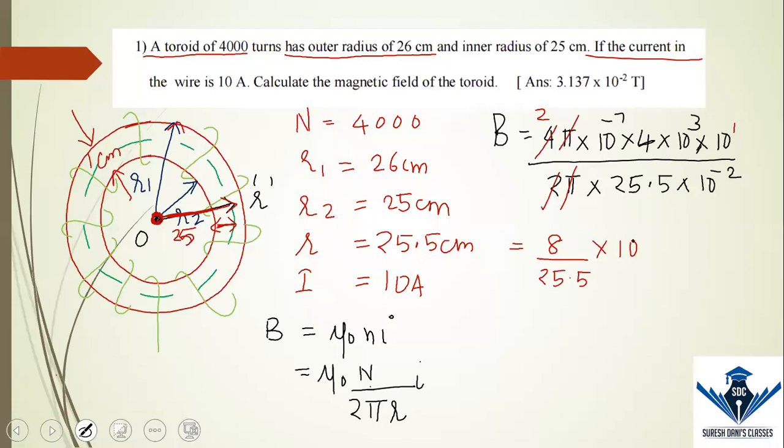Minus 2 instead of plus 2, 5 and minus 7 is minus 2. So this is approximately 800 by 255.